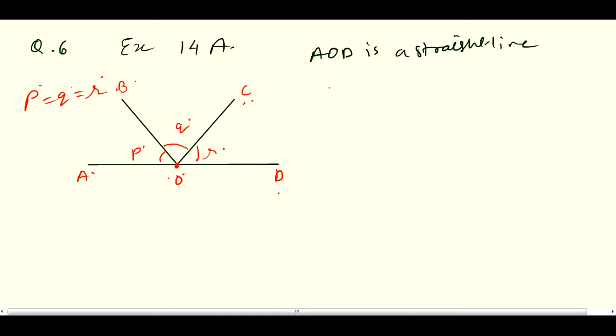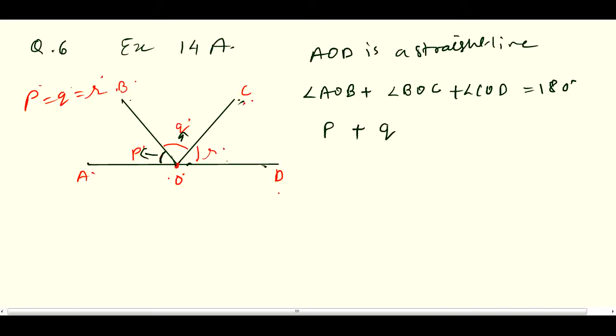So angle AOB plus angle BOC plus angle COD will be equal to 180 degree. Now angle AOB, that means this angle is P, so we substitute P, plus BOC, this angle is Q, so we write Q. Then COD, this angle is R, so we write R, equals 180 degree.